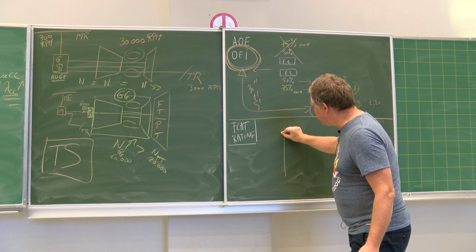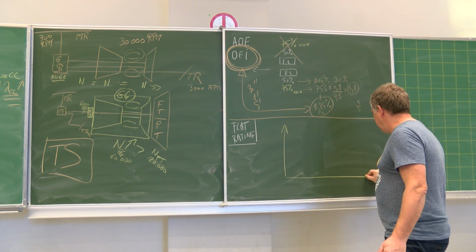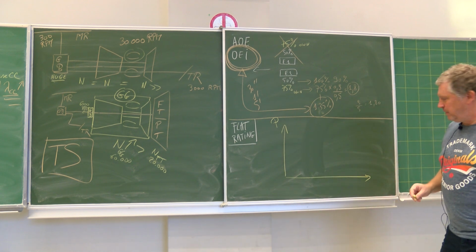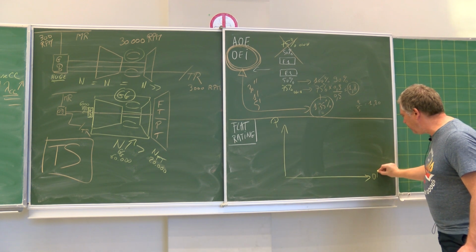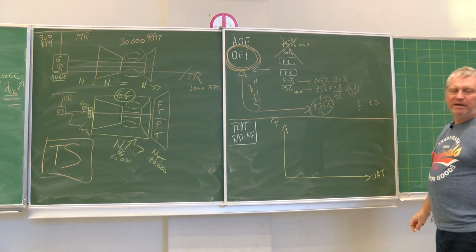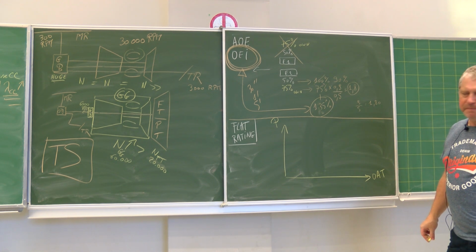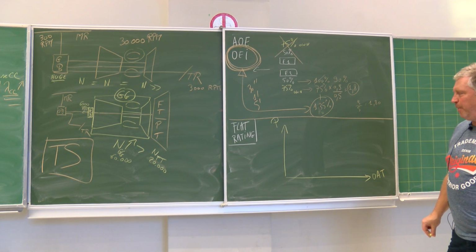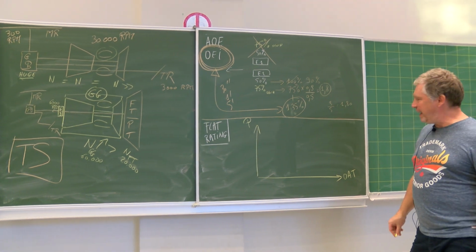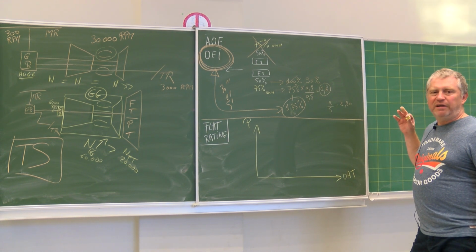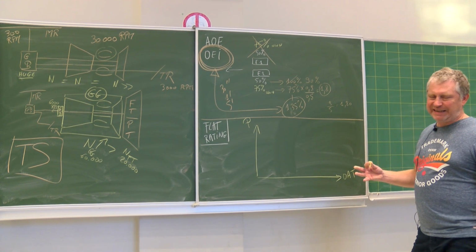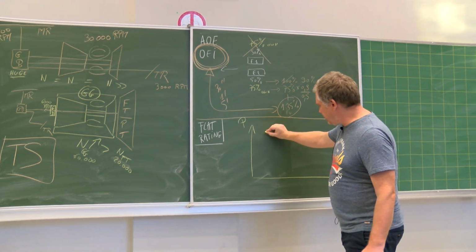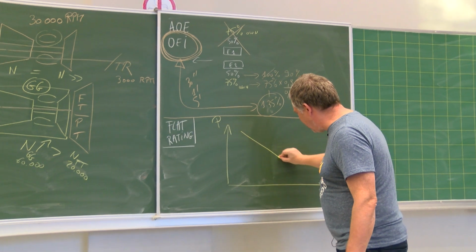We have explained that the power available is a function of the outside air temperature. It was explained during the previous hour. And what I have explained is that the OAT has a negative impact on the available power. This is a curve, let's say, like this.